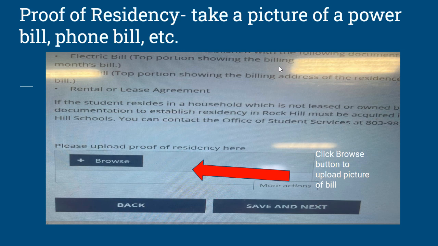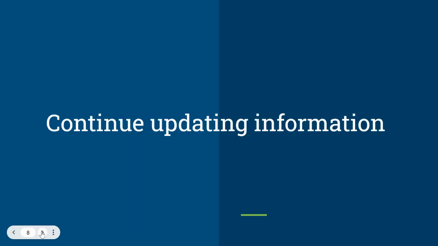Take a picture of it, and then this is where you would upload that picture. You would click on the Browse button, then choose the picture of your proof of residency. And then right underneath the Browse button, it will show the image once it's uploaded. And then you would click Save and Next.